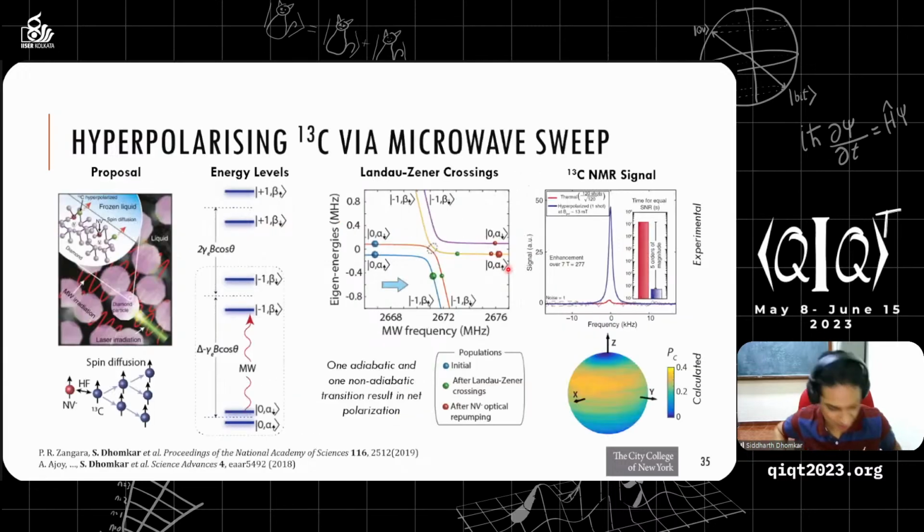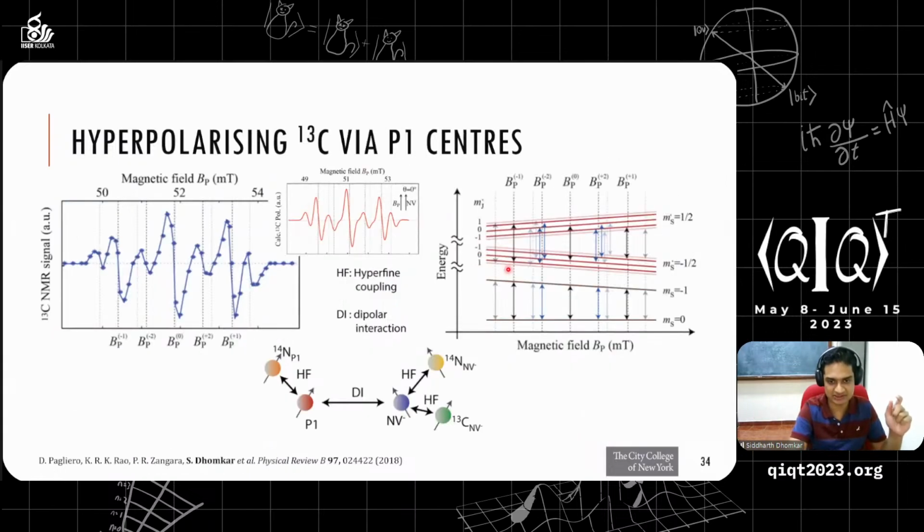There is another protocol which might be of interest to some of you, which I think is the most popular protocol as far as NV centers are concerned, and which we devised. This protocol deals with changing microwave frequencies. The previous experiment involved a single crystal diamond.